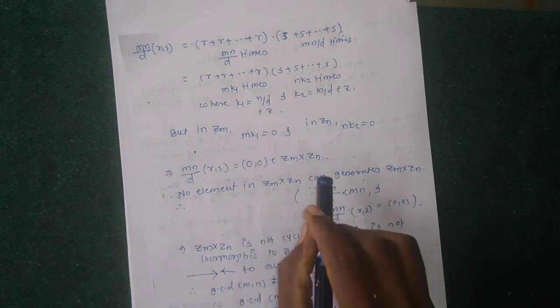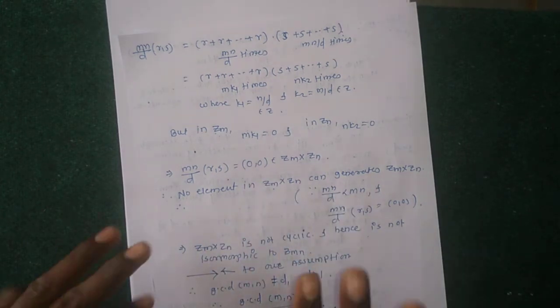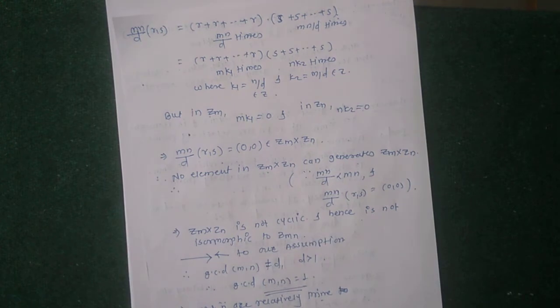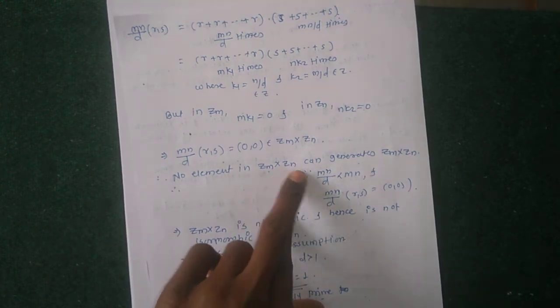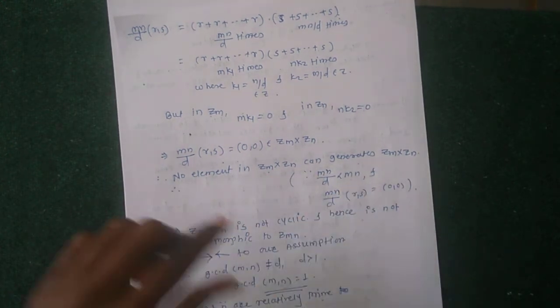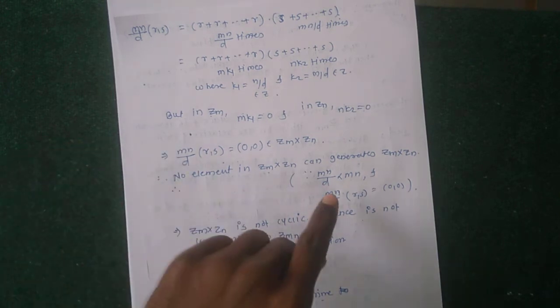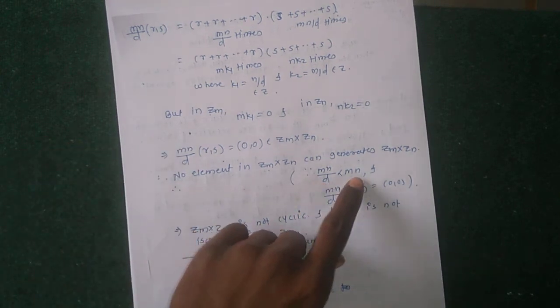That is, mn by d times the element equals (0,0), which belongs to Zm cross Zn. But the order of Zm cross Zn is m into n, and this value mn by d is less than mn.